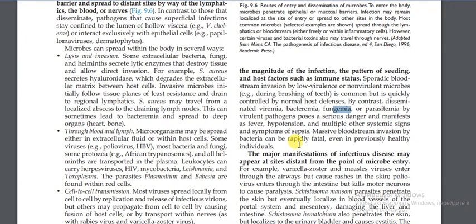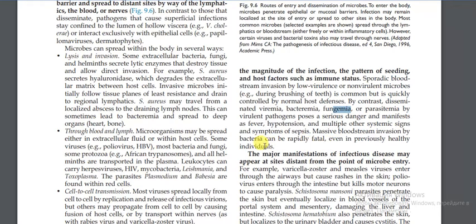Massive bloodstream invasion by bacteria can be rapidly fatal even in previously healthy individuals. Massive invasion of bacteria happens only after an abscess, for example rupture of an abscess and penetration directly into the blood. It can cause massive bacteremia, and this massive bacteremia is followed by sepsis, even in healthy or relatively healthy individuals. Or it might be direct injection of bacteria into the vein by a medical procedure, or during the transplantation of organs which are already contaminated with bacteria.